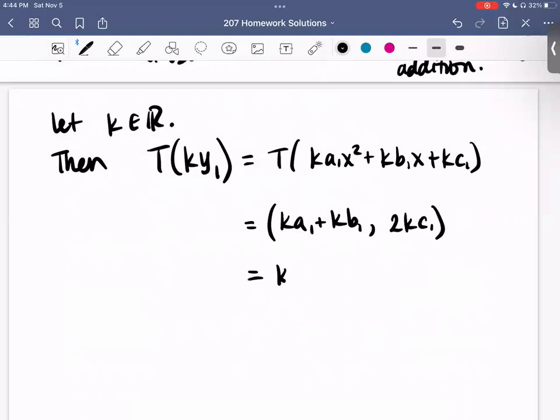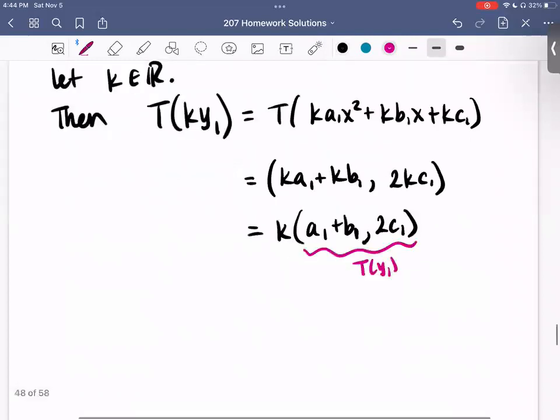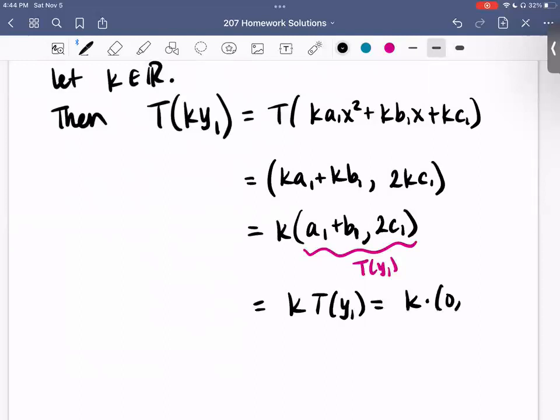If I factor out the k, I've got (a1 plus b1, 2c1). This is T of y1, which I know is (0, 0). So k T of y1 is k times (0, 0), which is (0, 0).